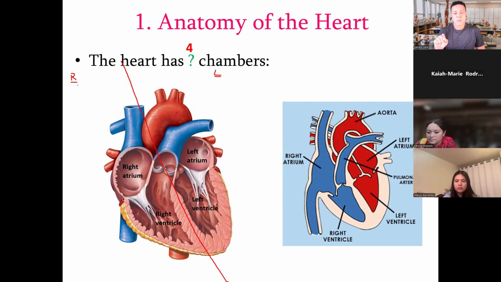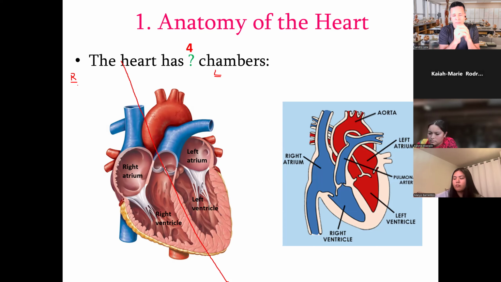Now, each one of these chambers, guys, has a specific function. And to understand the function of the different chambers, let's look at the blood vessels that are bringing blood in and out of the heart. And those major blood vessels are what we call the great vessels of the heart.